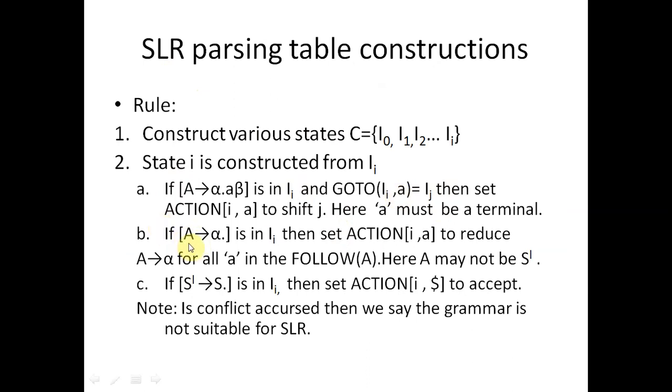The next rule says that we have to search for the item A produces alpha dot. That means wherever the dot is at the end, we have to find that state, and then find the follow values of A. We see the follow of this non-terminal, and then set the action from that state to all the follow elements as a reduce by the production number.